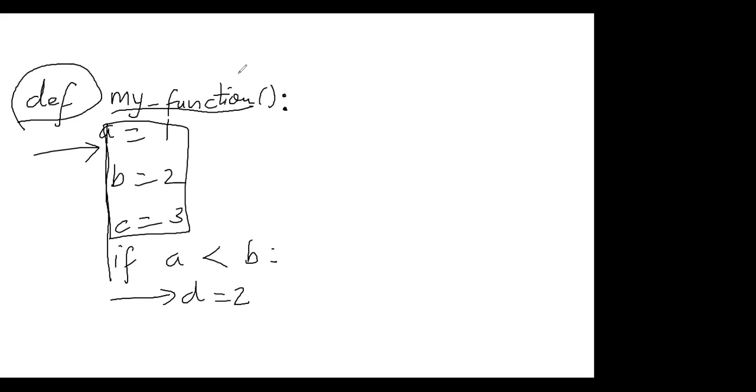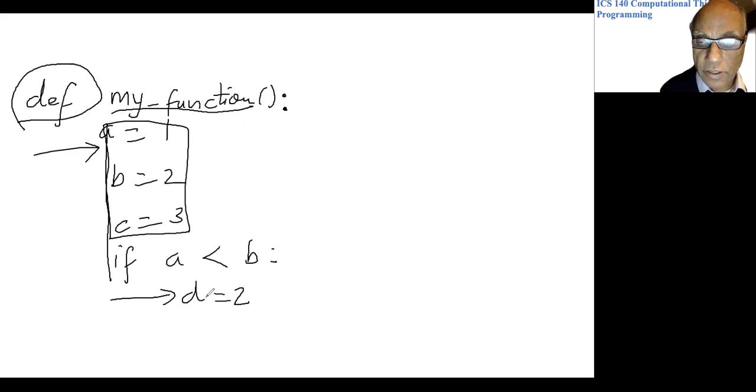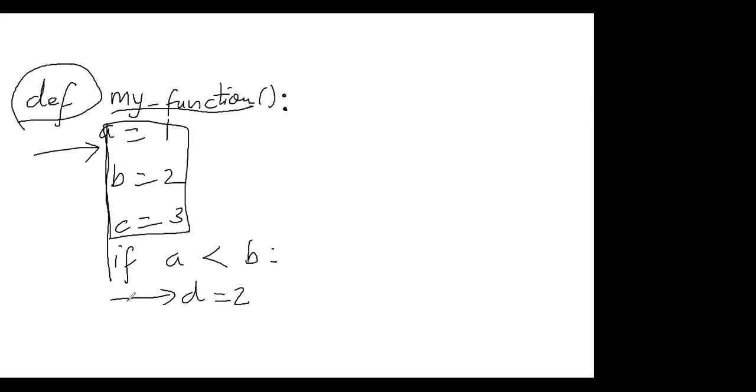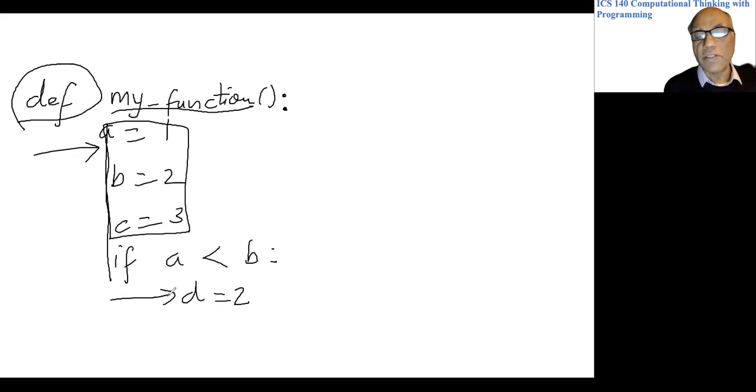Okay. Mr. Brahman, on the last line, do you write A equal 2 or is that a D? The last line here, I have D equals 2. Yeah, it was indented because it is part of the if condition.